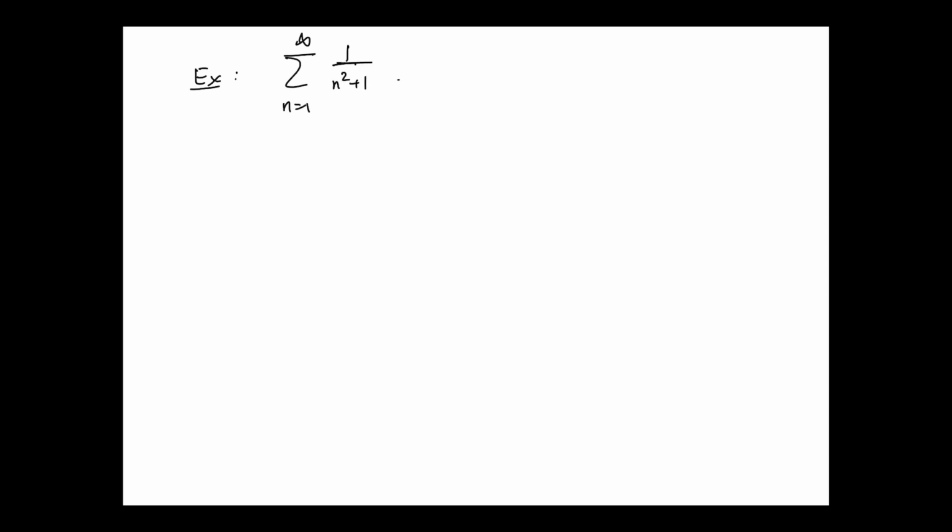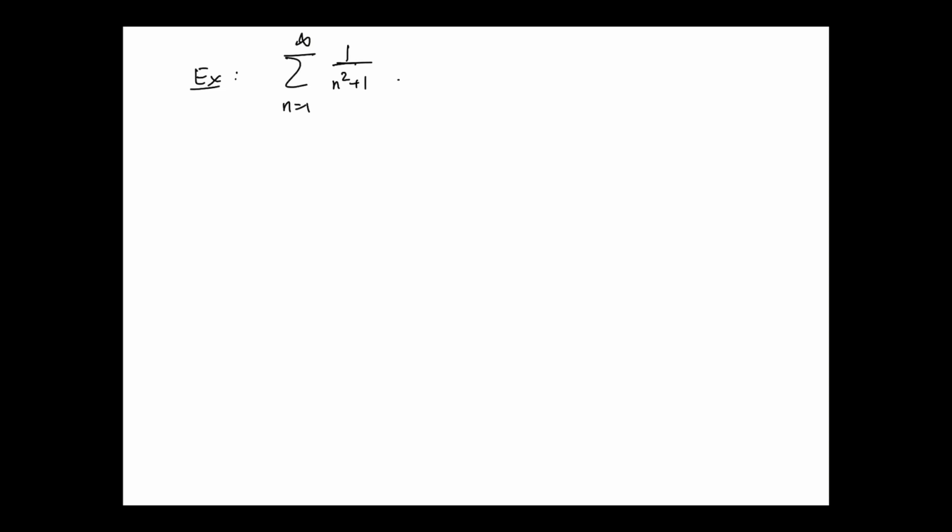Let's consider, say, the series of 1 over n squared plus 1. Now you could do this, by the way, with the integral test, because what's the antiderivative of 1 over x squared plus 1? Arctangent, right? So you could do that and go that way. But let's do this with the comparison theorem.